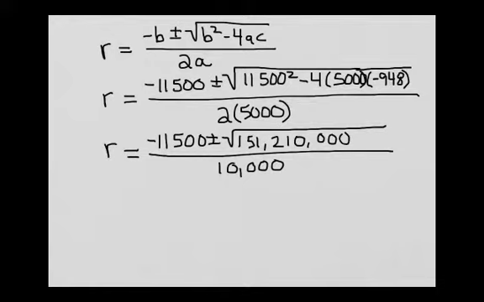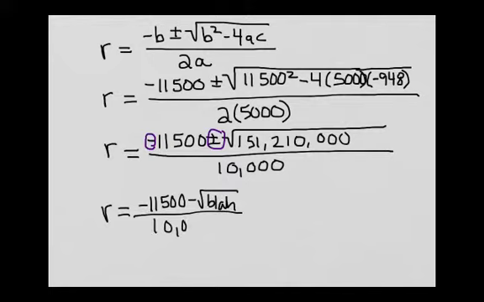And now thinking about the next step, I'm going to want to evaluate this all on my calculator in one step. But looking at this and this, I can see that if I do a subtraction, then I'm going to end up with a negative result. So negative 11,500 minus the square root of, I'm just going to put blah here for now, divided by 10,000 is going to be equal to a negative value, and that's not going to make sense in our context.